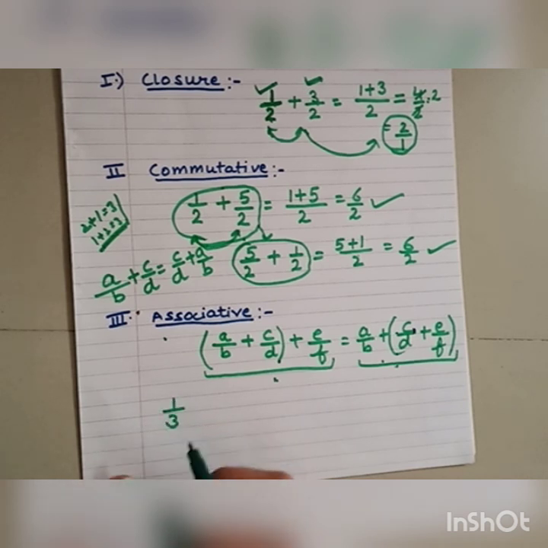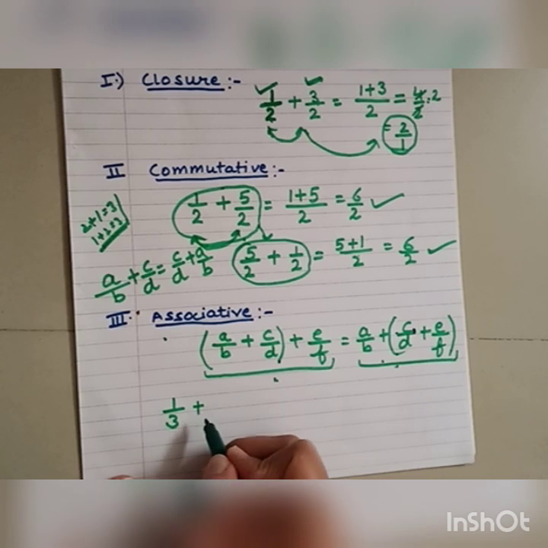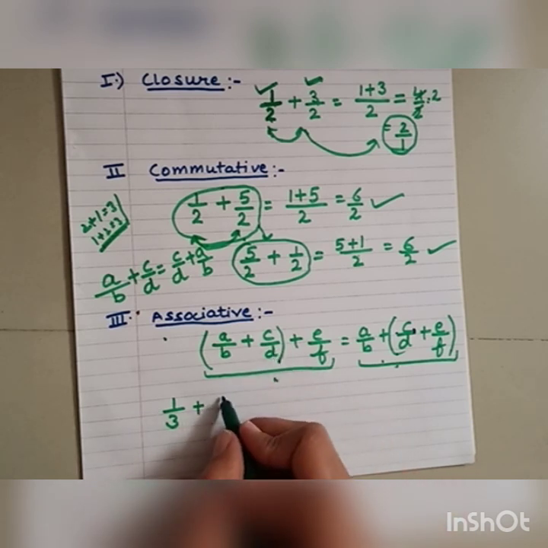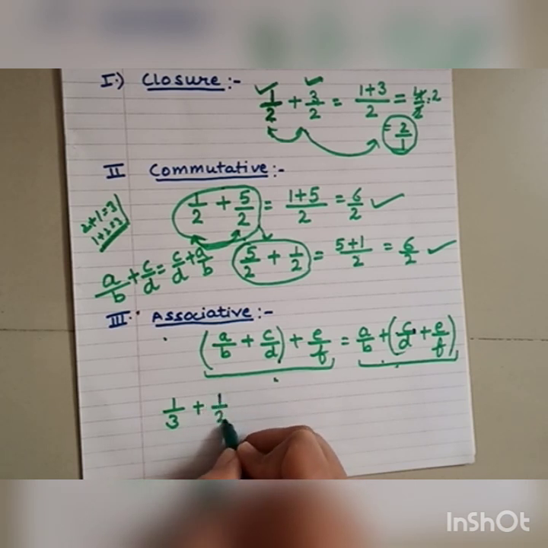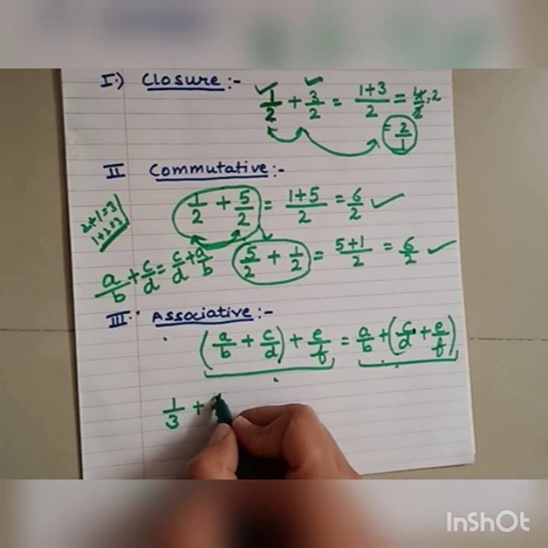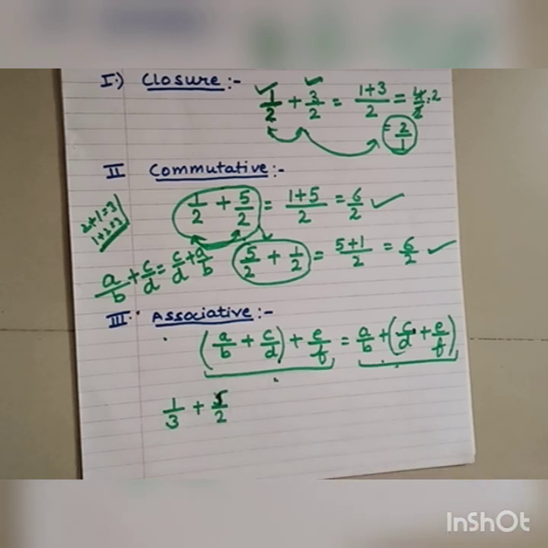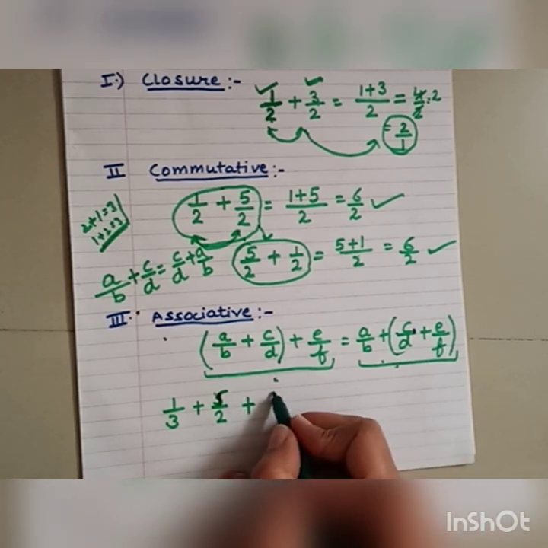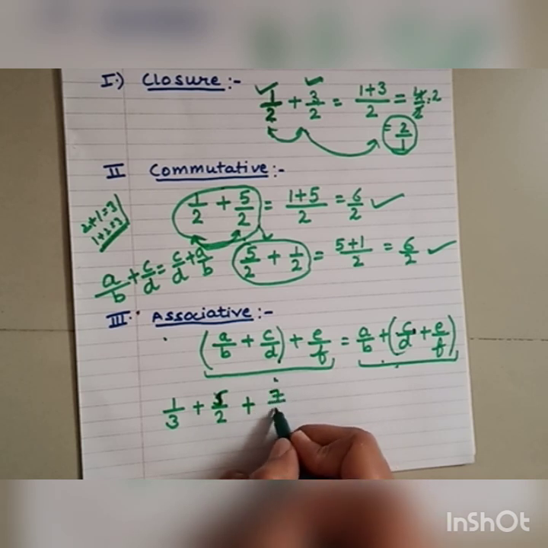See, 1 by 3 plus c by d. You can take any examples, 1 upon 2, or we take here 5 by 2. Let's change some examples. The next value we take is 7 by 4.